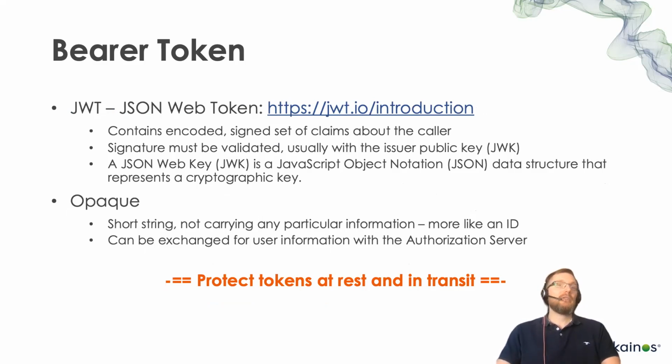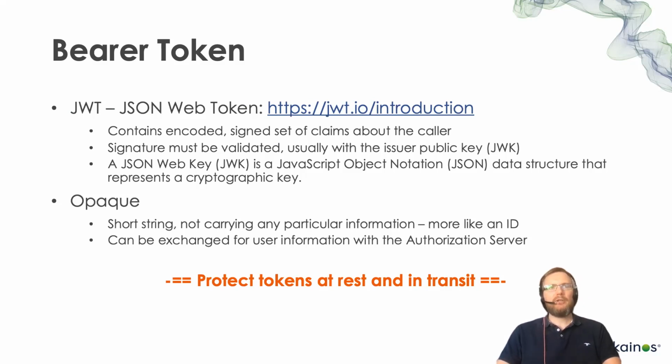And because they are signed, the signature somehow has to be validated. This is usually done with the issuer public key, the issuer being the authorization server. And how the resource server can do it is by using something called JSON Web Key, which is again a JavaScript object notation structure that represents a cryptographic key.